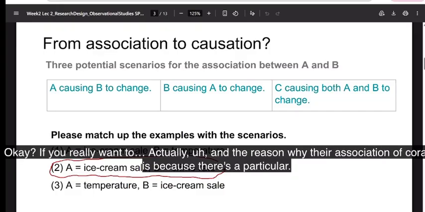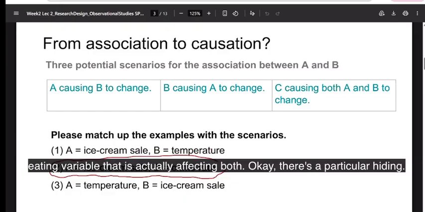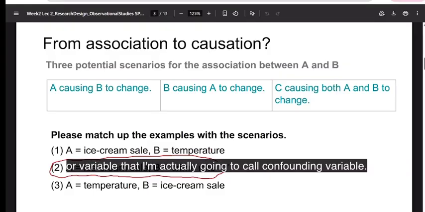The reason the association occurs is because there's a particular hidden variable that is actually affecting both. I'm going to call it a confounding variable, and it is influencing both ice cream sales and crime rates.